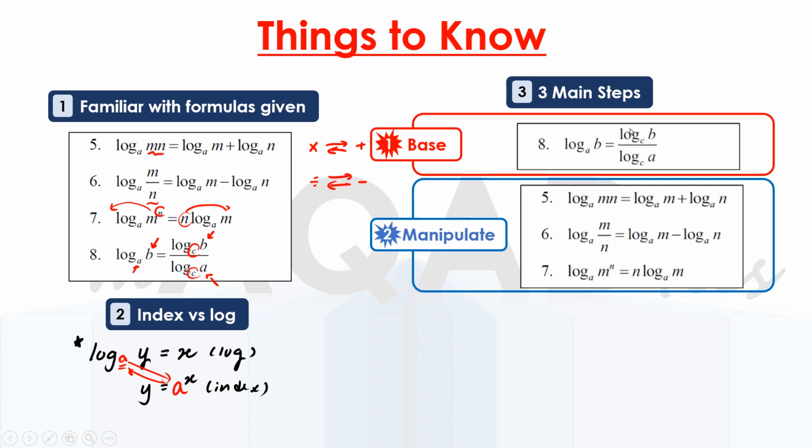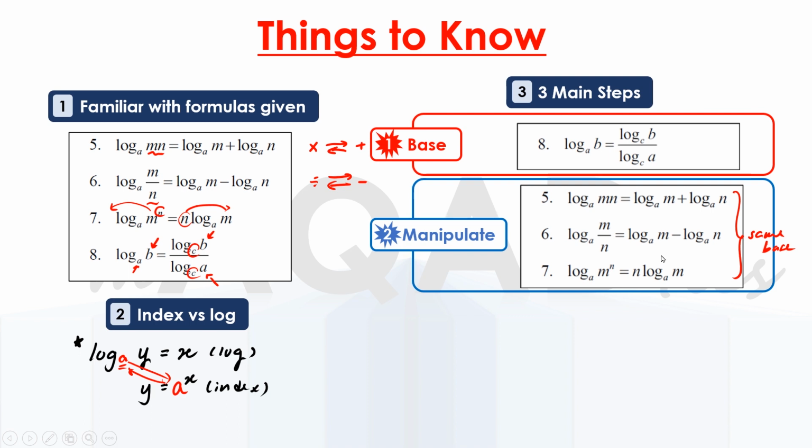The reason is that for formulas 5, 6 and 7, if you realize, all the bases are the same. So these formulas only work if the base is the same. If the base is not the same, we need to change it first, which is why this formula comes first. Then the second step, we have the same base already, and we manipulate.